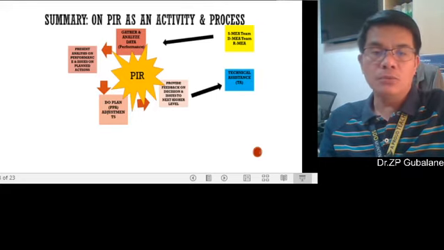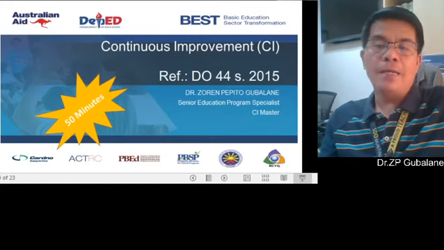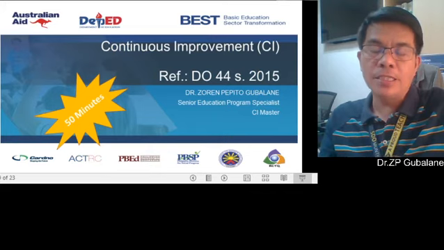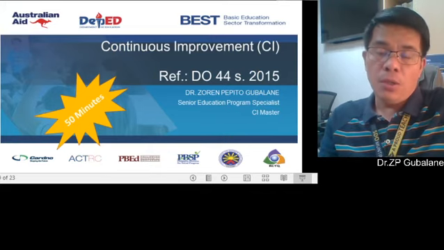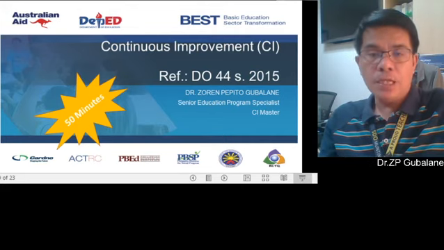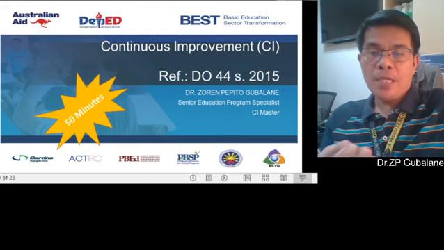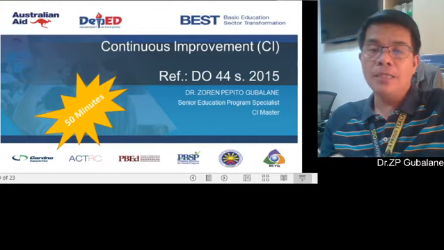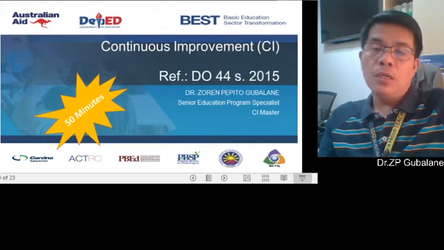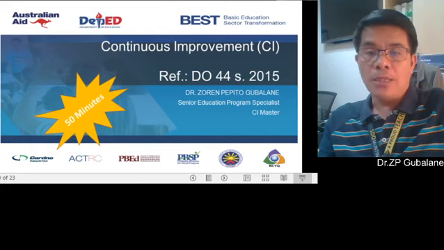Now let's go to continuous improvement, or CI. Eventually, at the end of this presentation, we will try to have some kind of a comparative analysis between PIR and CI, and how it is applied to a particular school operation.